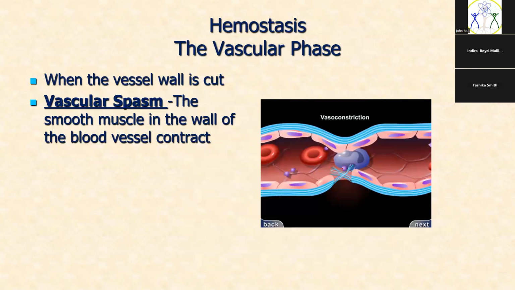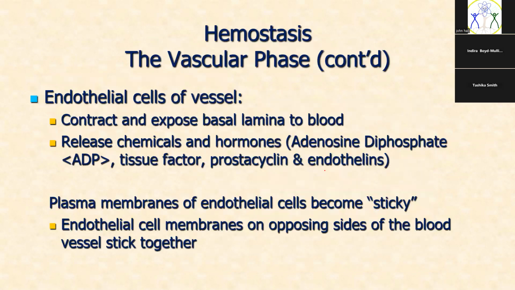All right, so this is just showing here vascular spasm, as we spoke about before. Now, as it mentions here, vascular spasm is going to require the endothelial cells' input. You all did A&P 1, so you should know that endothelial tissue is lining tissue.